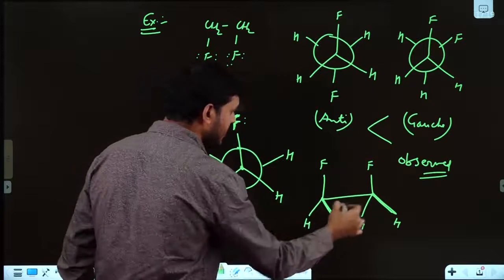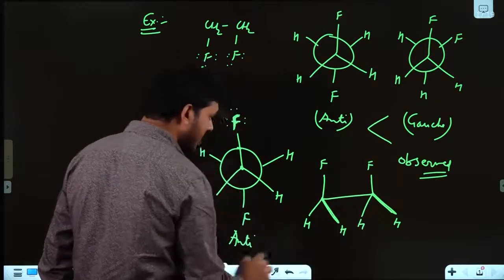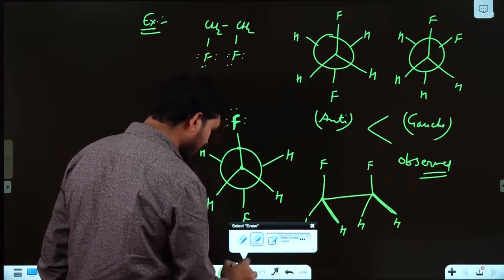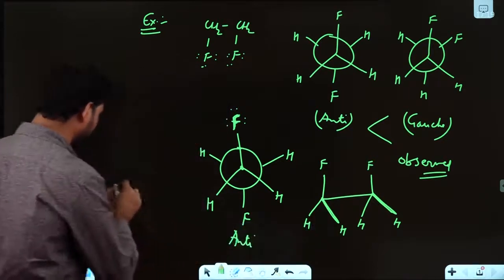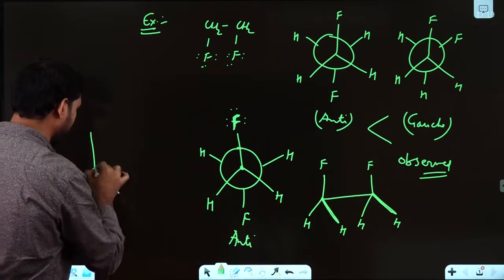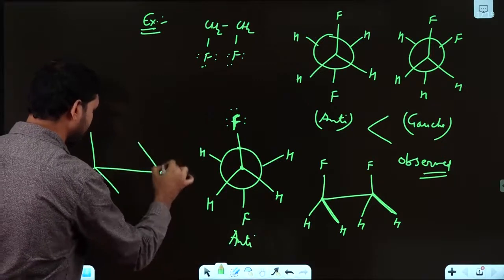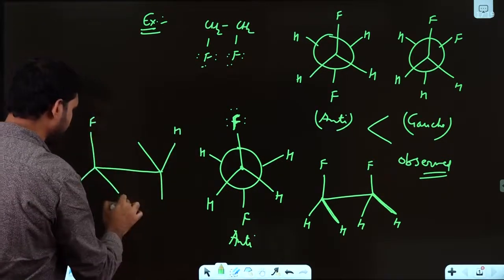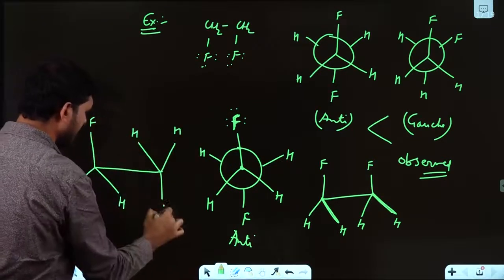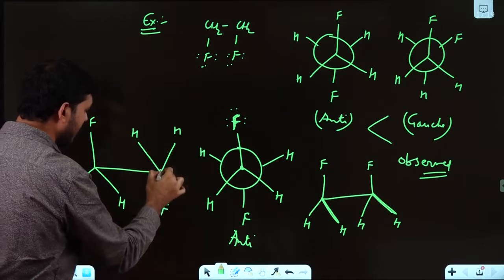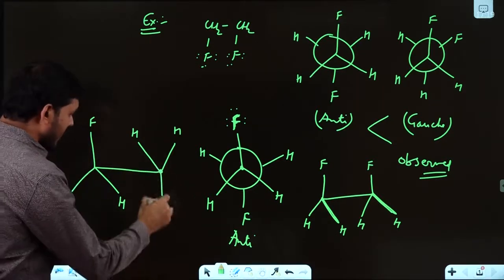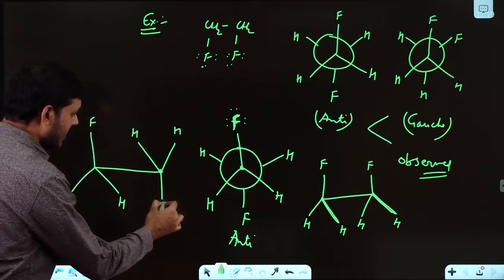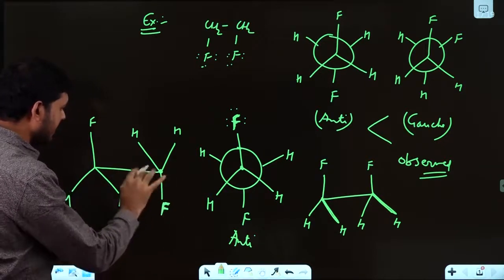Okay, so it is your what? Eclipsed form. Now if I draw its gauge form, suppose H, H, F, H, H, F. Okay, now you try to understand. When we draw, this is your fully staggered, right? Now this is your staggered.